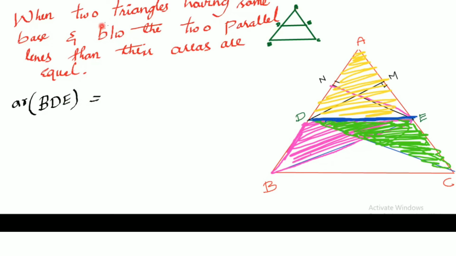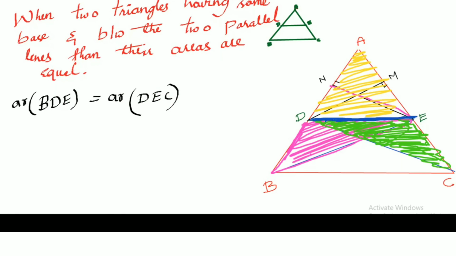This is also a theorem or some sort of rule or law. I hope you understood this.